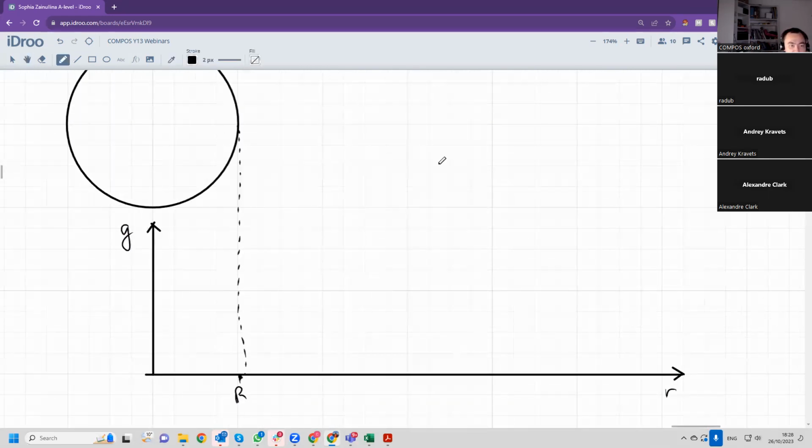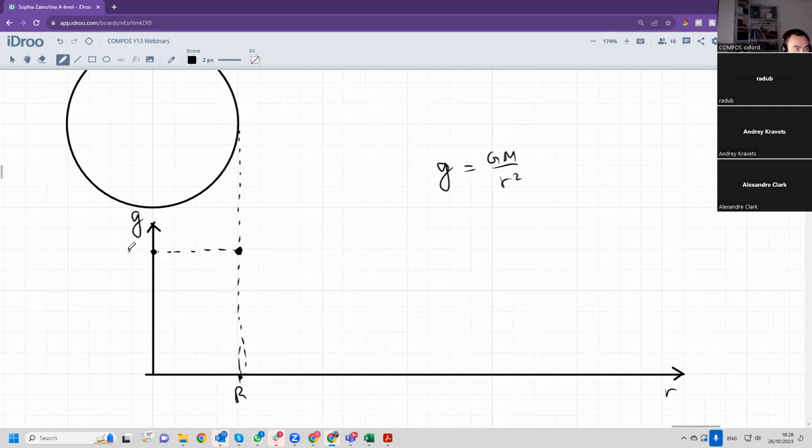And we know that the gravitational field is equal to GM over r squared. So for the Earth, for example, the gravitational field at the surface is 9.81.